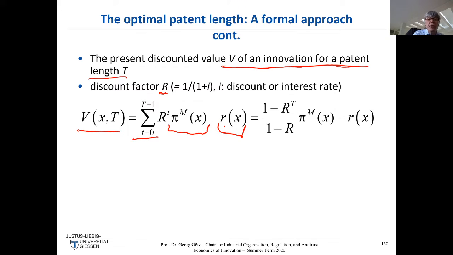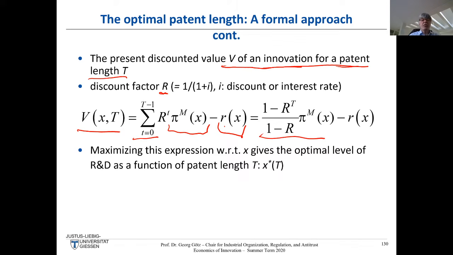You see immediately this is what you get in terms of your discounted value: 1 minus R to the power of T over 1 minus R times pi m minus R. Now, it's very straightforward, and it's what we always do.